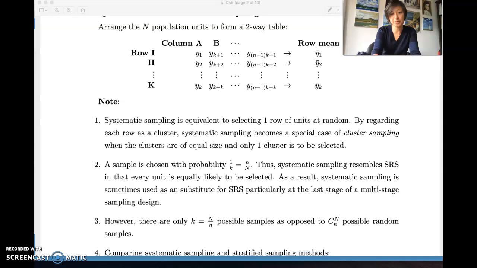Systematic sampling resembles simple random sampling in that every unit has an equally likely probability of being chosen. As a result, systematic sampling is sometimes used as a substitute for simple random sampling in the last stage of a multi-stage sampling design.